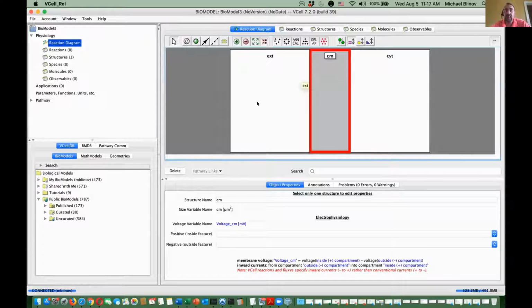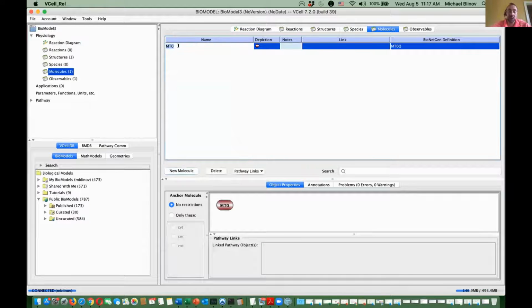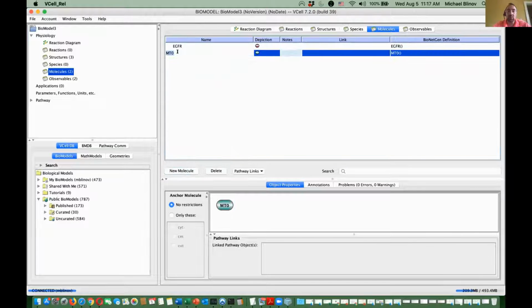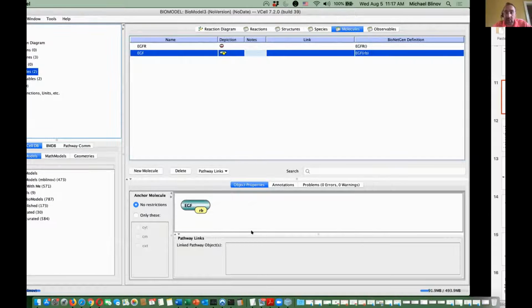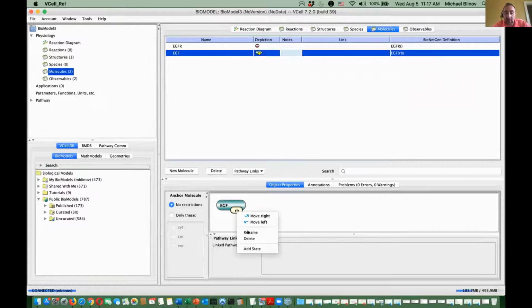So we have several molecules. One molecule is EGFR, and another molecule is EGF. What we know about those molecules is that EGF should have a certain site to bind to the receptor. So let's call this site EGFL, EGF-like site.